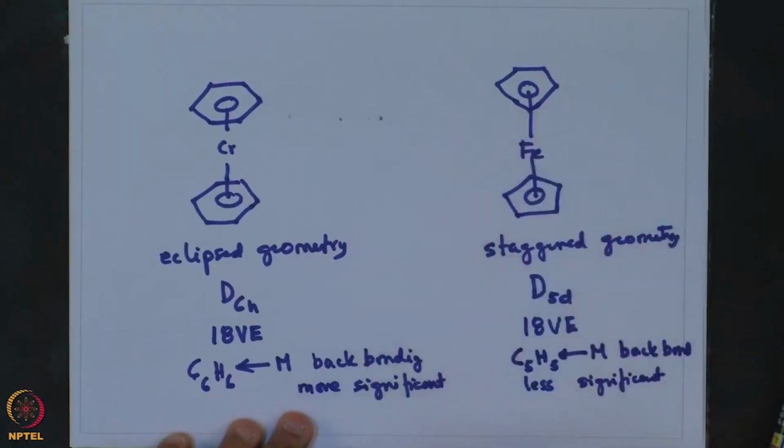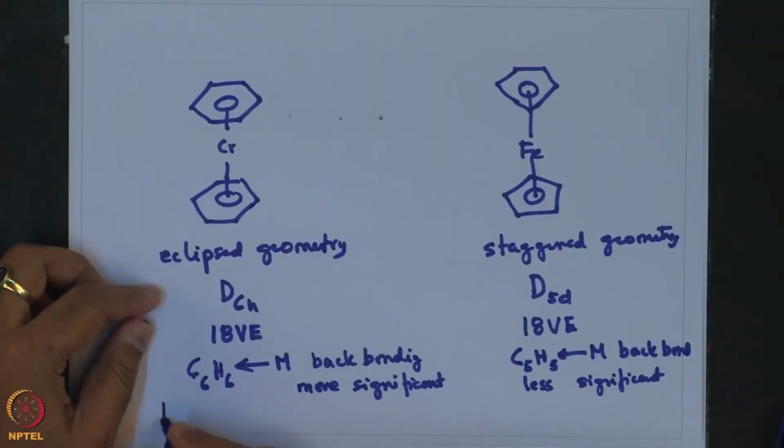So, electron donation from metal onto a neutral ligand is probably more feasible as opposed to the cyclopentadienyl anion, which is already anionic in nature, and hence the back bonding or electron donation from metal to an already electron rich anion is going to be less prominent. So, that is a significant difference.